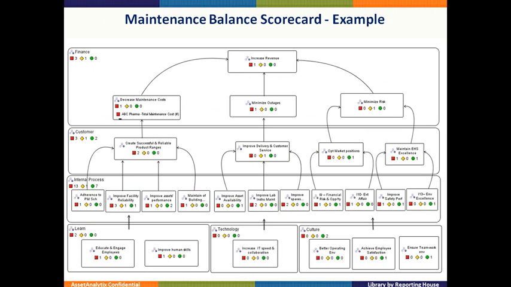So the aspects of the balance scorecard can be good ways you can define your overall map of different KPIs and how it all relates to the overall business goals of the company.